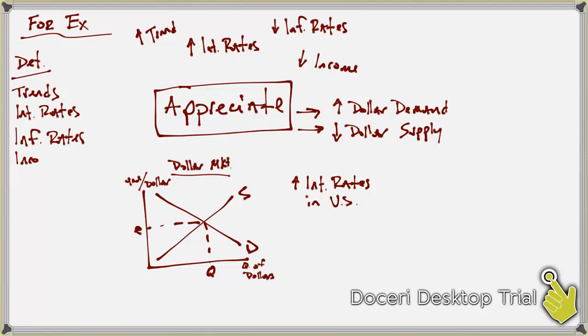Anyone that wants to get that higher interest rate is going to need to exchange their money, demand dollars, right? And then save in our banks. So on our graph, in the dollar market, we would increase the demand for dollars. And that shows me then that the yen price per dollar is increasing, and that means that the dollar has gained value. The dollar would be appreciating here.